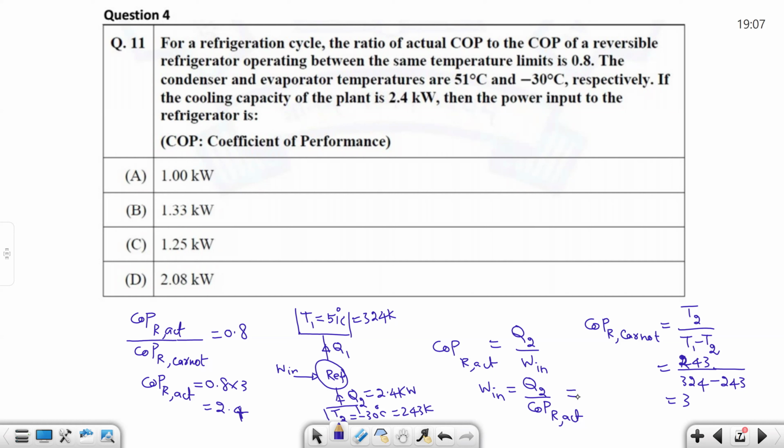Q2 is 2.4 kilowatt by 2.4, 1. So power input is 1 kilowatt. So answer will be A. A is the answer for question number 4.